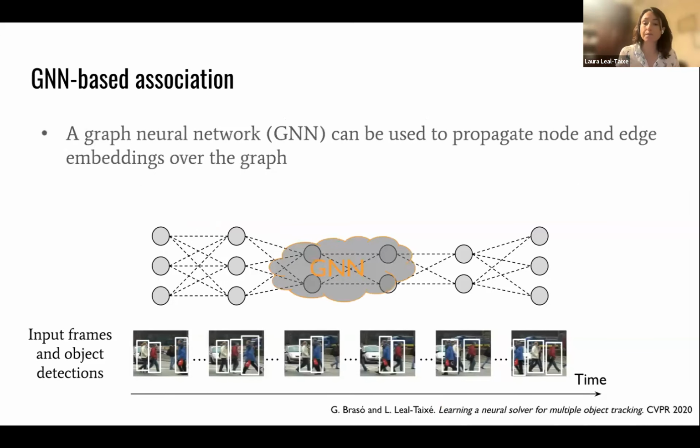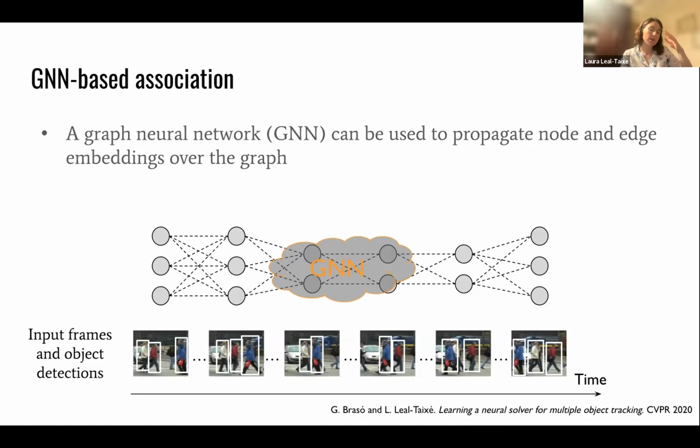And now what I can do is I can let the magic happen, right? So we use message passing networks, which essentially propagate these node and edge embeddings all over the graph. What these methods do is essentially they have a series of message passing steps in which nodes communicate with edges and edges communicate with nodes.